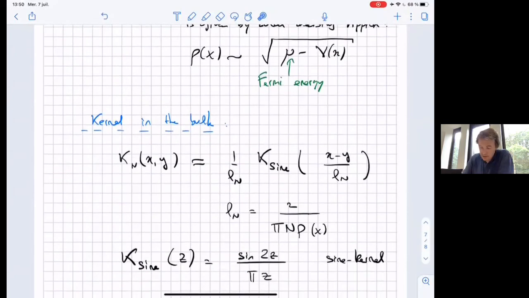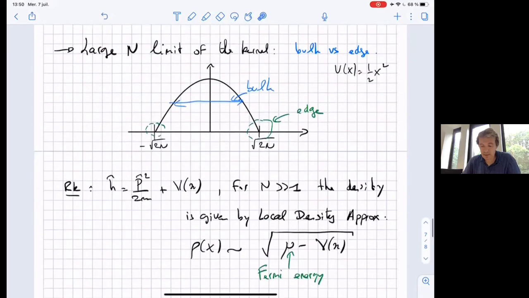And in fact, a signature of this is the fact that you have only a dependence on x minus y. That means that your kernel is translationally invariant in that sense. Of course, this can only be true on a very short scale, because as soon as you start to see the variation of the potential, at that stage you lose the translational invariance.